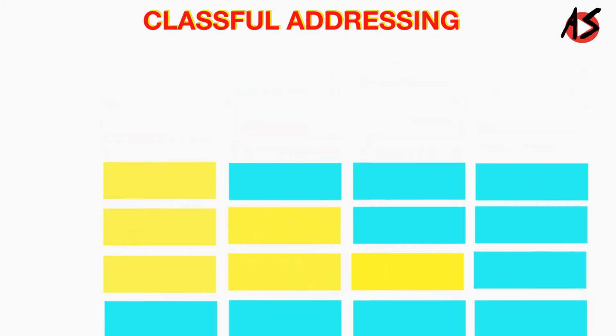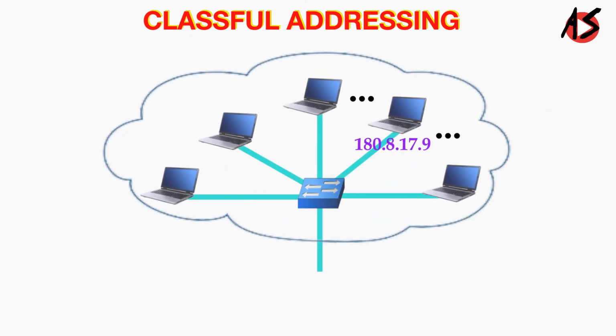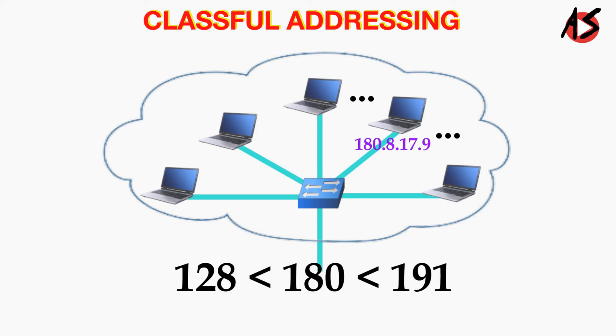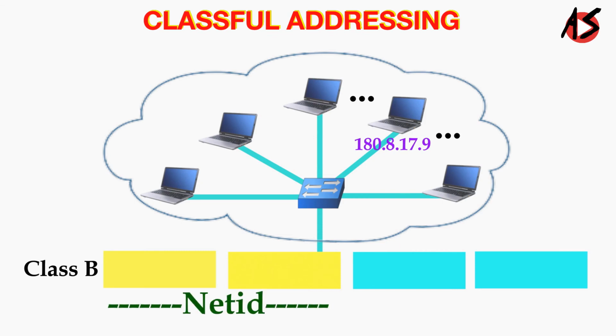Let's understand IP addresses with an example. Suppose an address in a block is given as 180.8.17.9. How can we find the number of addresses in the block and the first and last addresses? Since 180 is between 128 and 191, the class of the address is B. So the first 16 bits are for the net ID and the remaining 16 bits are for the host ID.